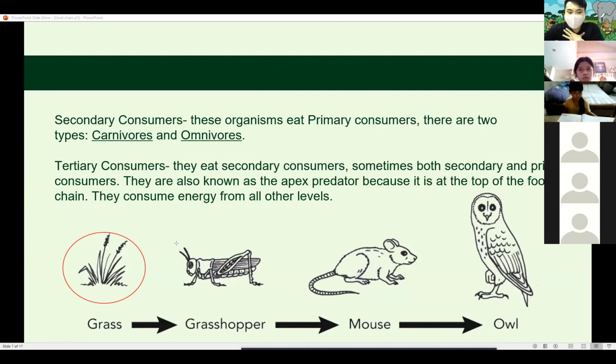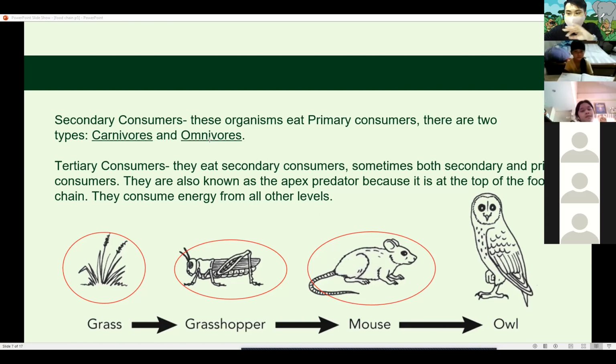Here is the primary consumer. And then this one is the secondary consumers. So secondary consumers, they can be carnivores or omnivores. Remember, we have three types of animals, right? We have the carnivores, the omnivores, and then the herbivores. Herbivores, they eat what?